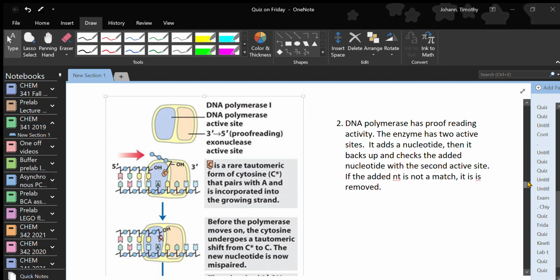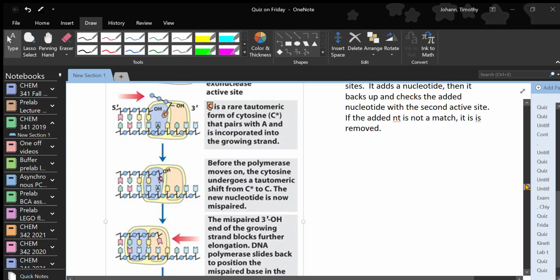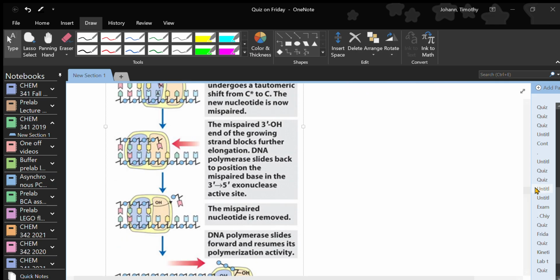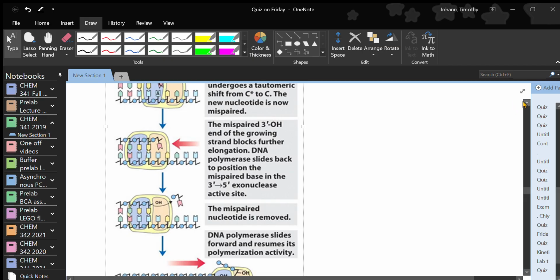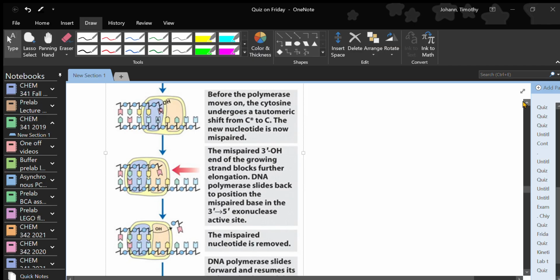So this comes in, it will sometimes pair, and then it flips. But it's a rare form, so it's flipping back and forth. It's dynamic for the tautomerization. So it pairs because of the rare form, and then it flips back to the regular C that got incorporated by accident in the active site before the polymerase moves on. What it does is it backs up so that we can now check in this active site.